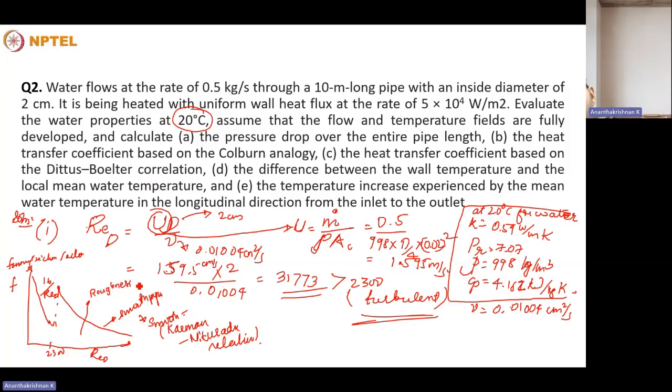Okay, then we have to use an empirical correlation for the smooth pipe. It can be Blasius's solution that was present earlier, but we need to take care of the Reynolds number range that we are considering in this case.